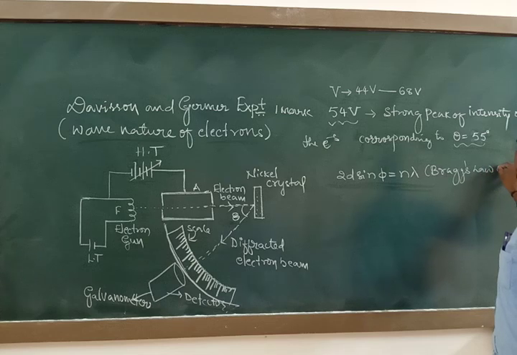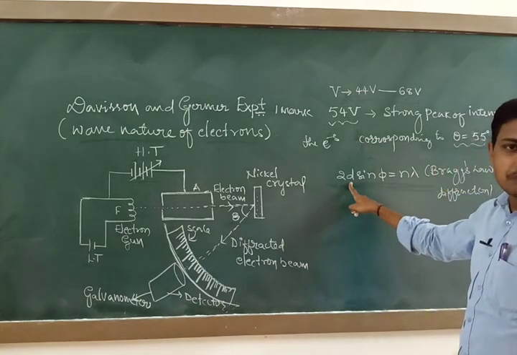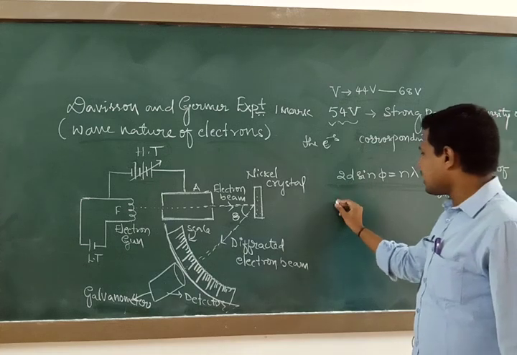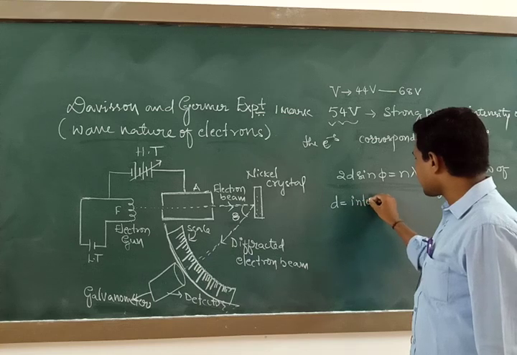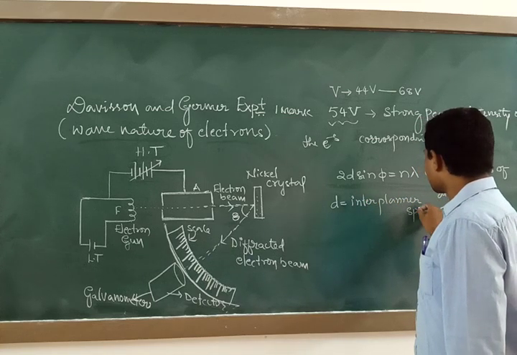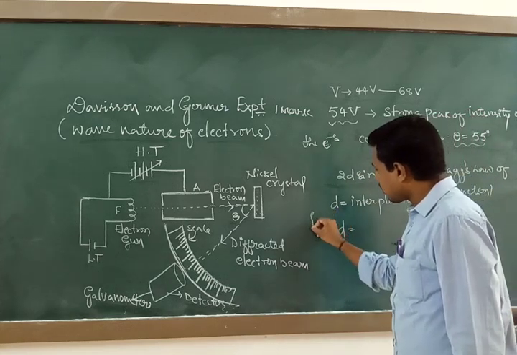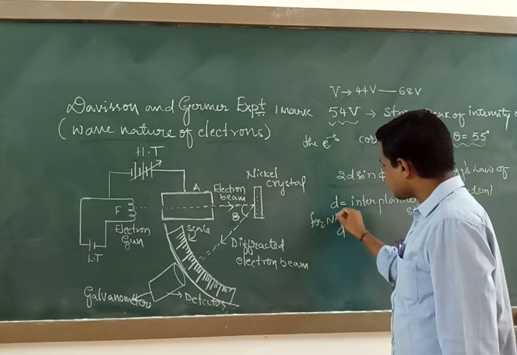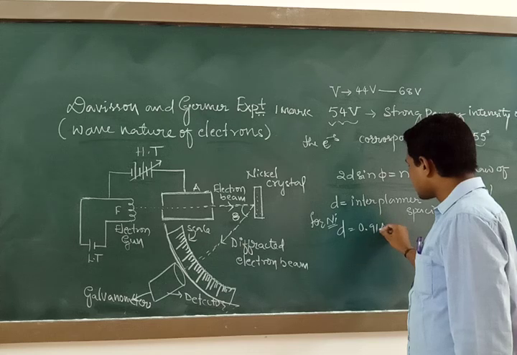So from Bragg's law of diffraction, d is called the interplanar spacing of the nickel crystal. And for nickel, this is very important, the interplanar spacing is 0.91 angstrom.